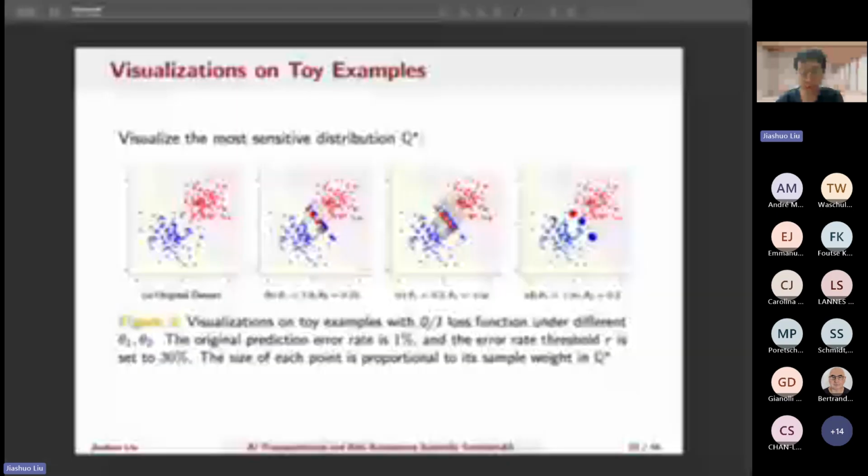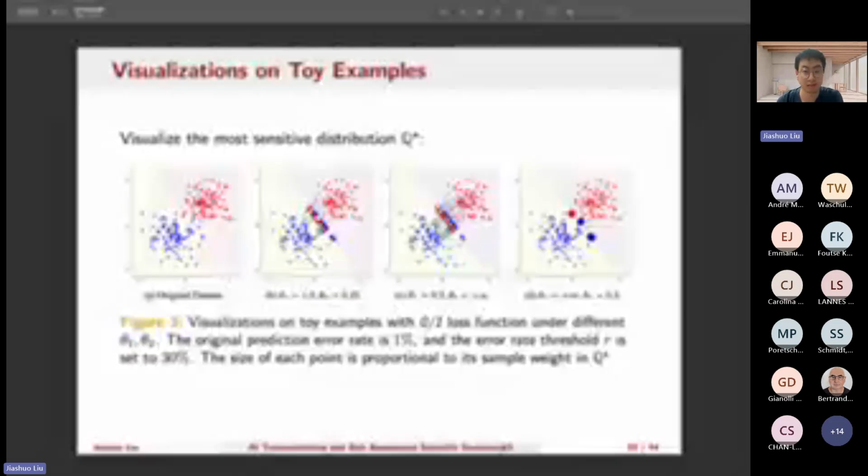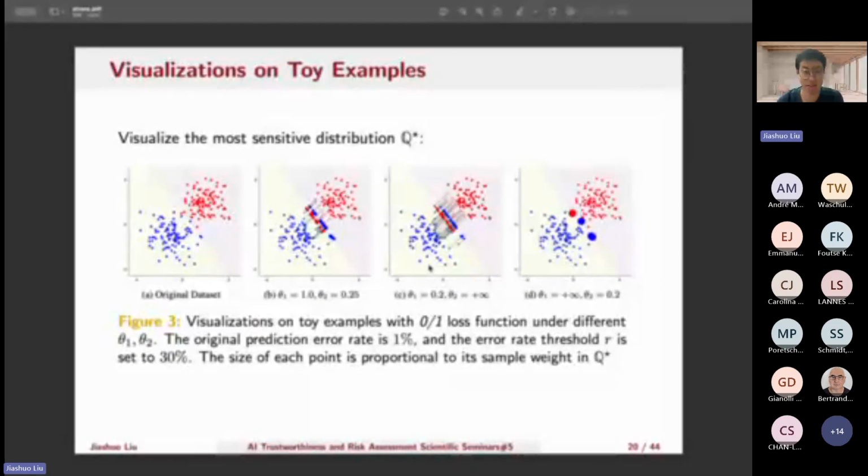If we do too much perturbation to the sample or to the density, the resultant distribution may not be realistic. However, if we consider both kinds of data perturbations at the same time, as in the second figure, we don't have to do too much perturbation for each dimension, and it is more realistic. So this is one example to demonstrate what our most sensitive distribution is like. It's like the second figure.